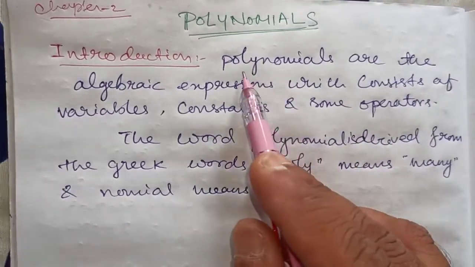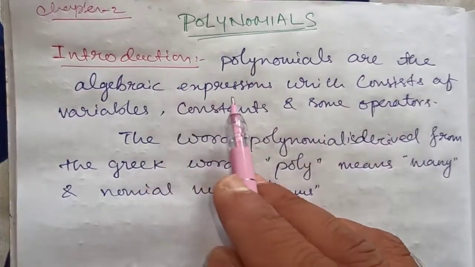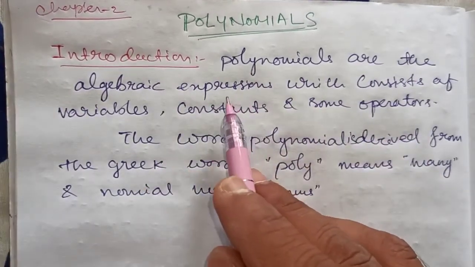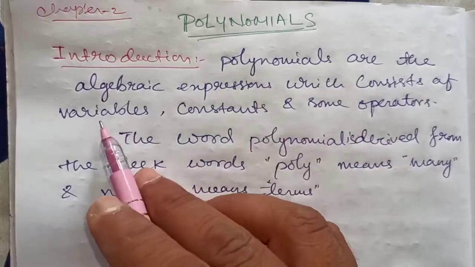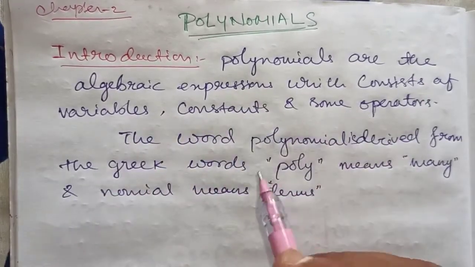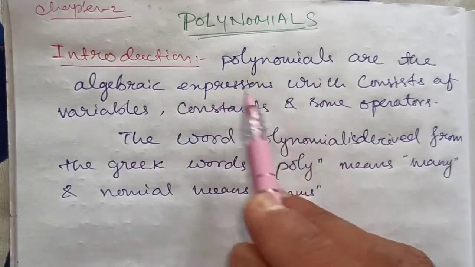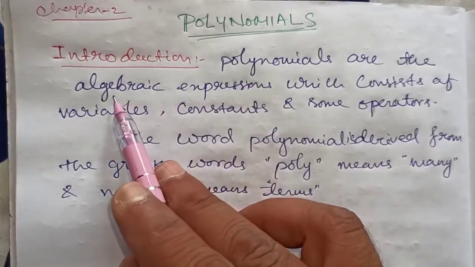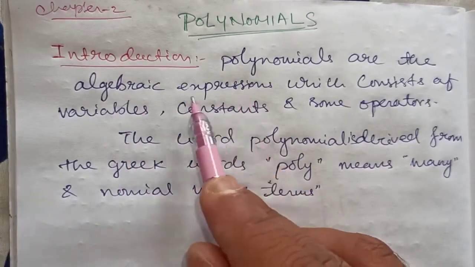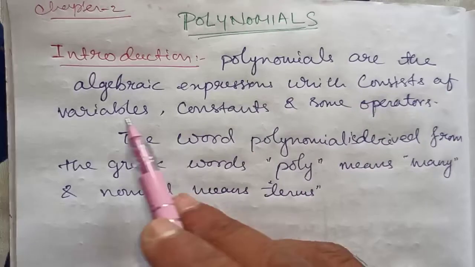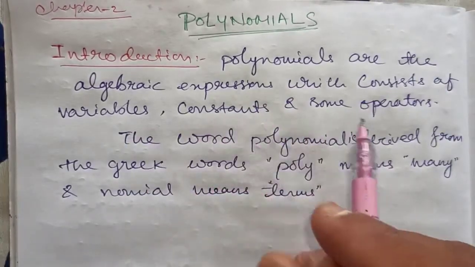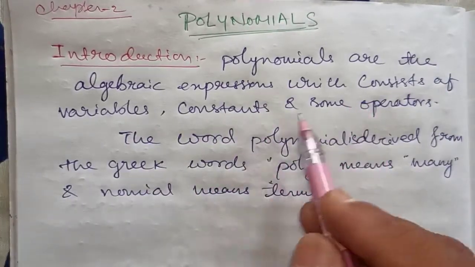What is a polynomial? Polynomials are algebraic expressions, means equations, which consist of variables, constants and some operators. I will explain what these are.